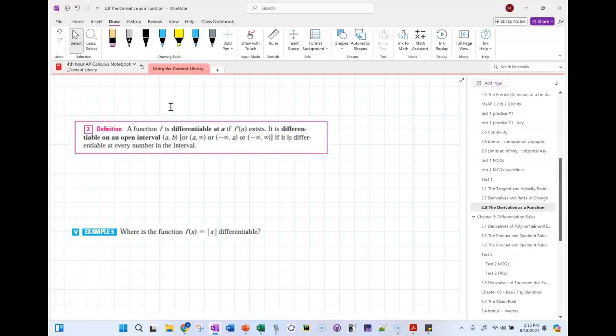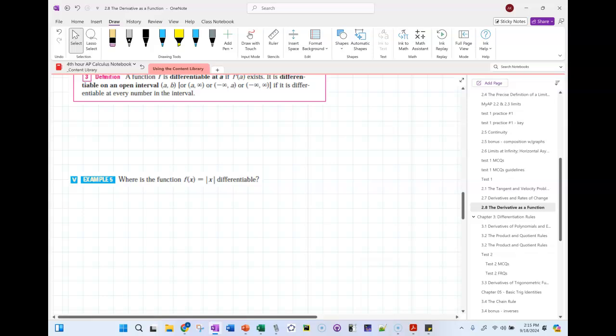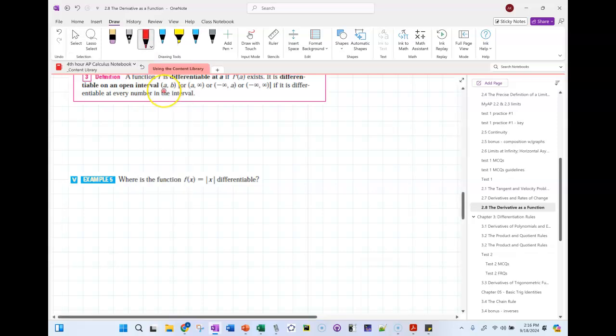Let's look at this function f of x equals the absolute value of x, and decide where that function is differentiable. Okay, so let's set up our derivative formula.